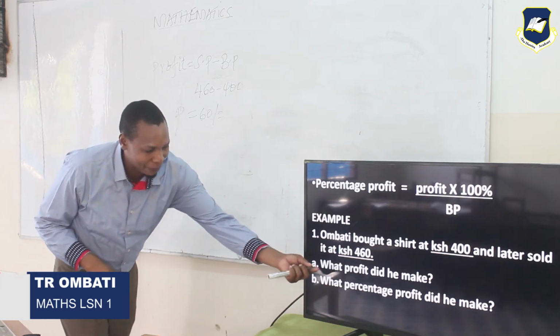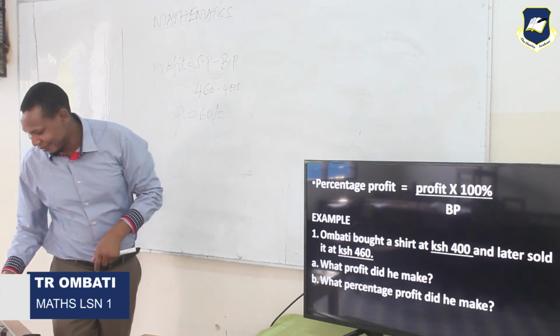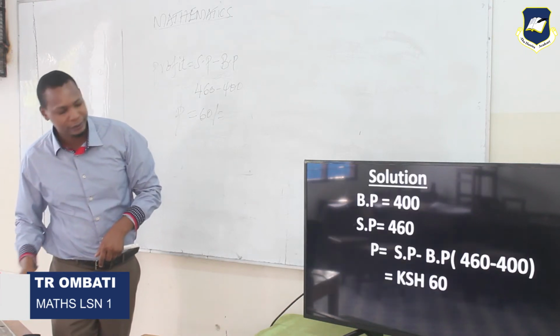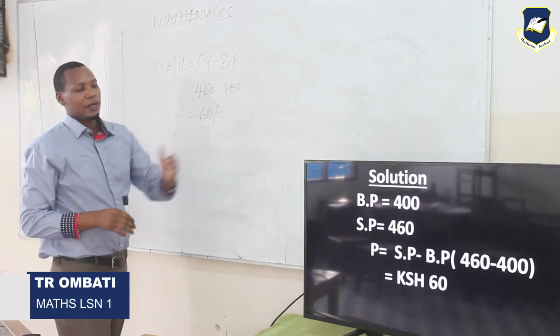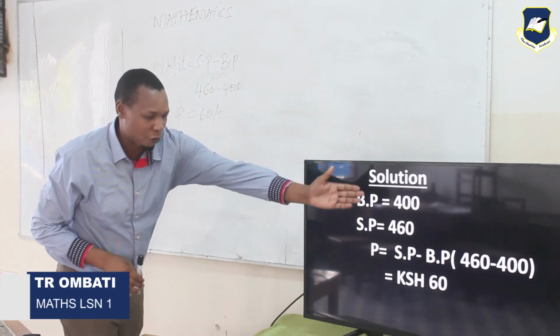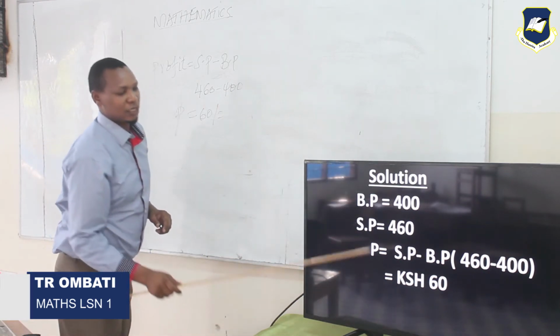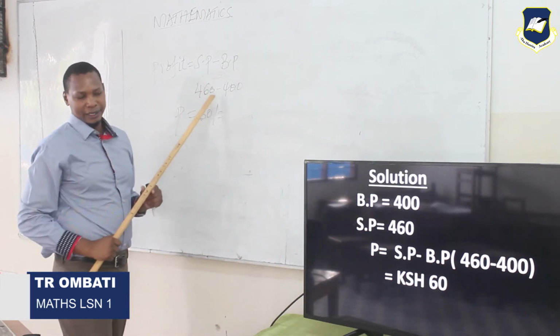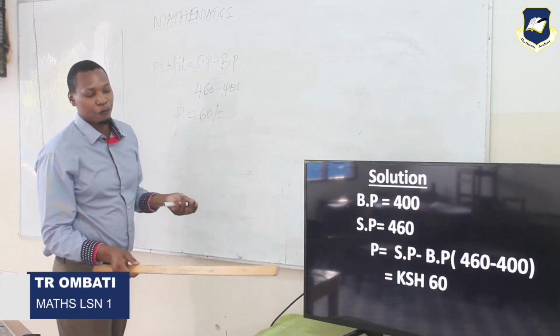What is the percentage profit? Or what percentage profit did this Ombati make? So let's see the solution for that. We have the buying price is given as 400 shillings. The selling price is given as 460 shillings. For those people who are listening, we have said how to find the profit.